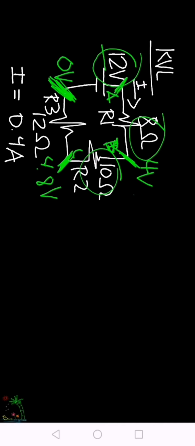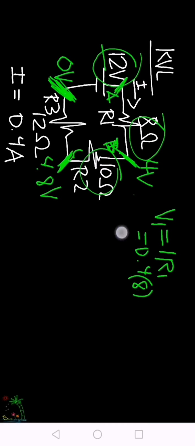Okay, so what if the question is asking for voltage drop of the circuit? Okay, so just simply V1, or the voltage across R1, is IR1. So that is 0.4 times 8. So we will get 3.2. Okay, that is V1. How about V2?